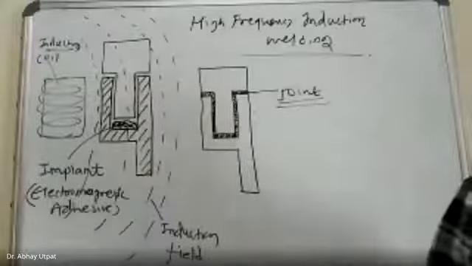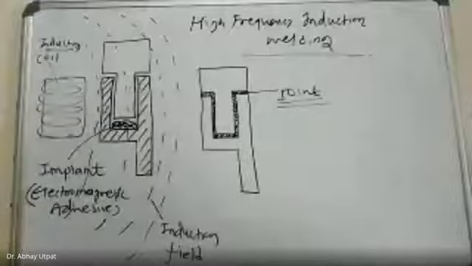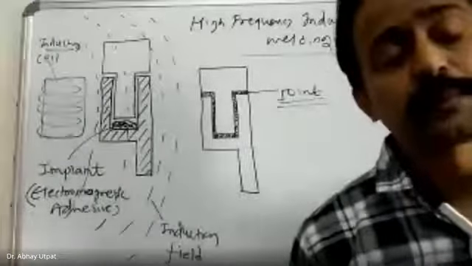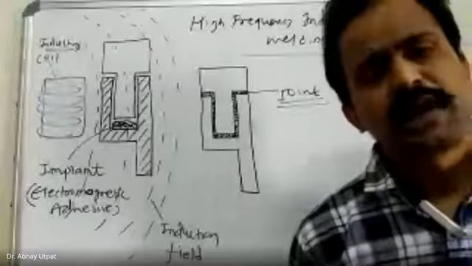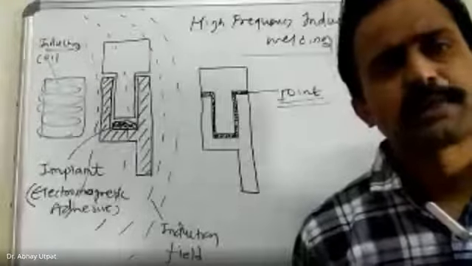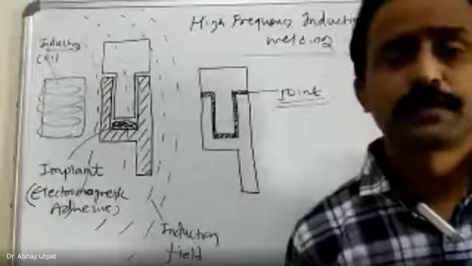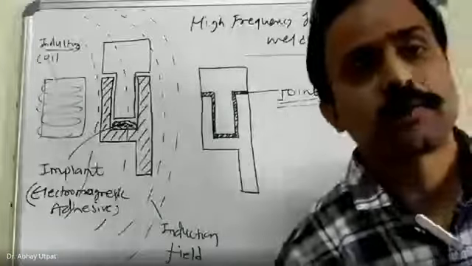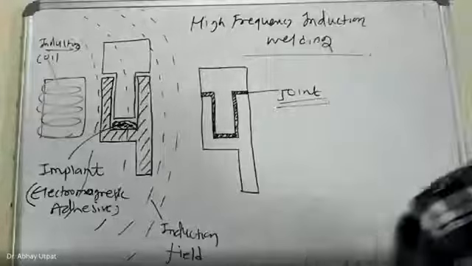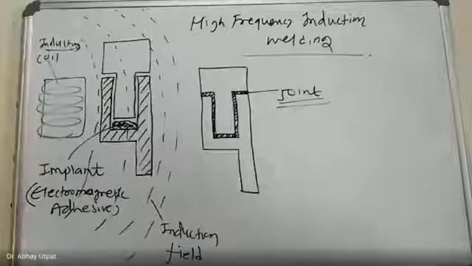Now, this process is frequently used for welding of large irregular shaped parts. I'm telling applications. Wherever large components and irregular shaped parts are there, this welding process is employed for joining such plastic structural parts which are large in size and complicated in shape.